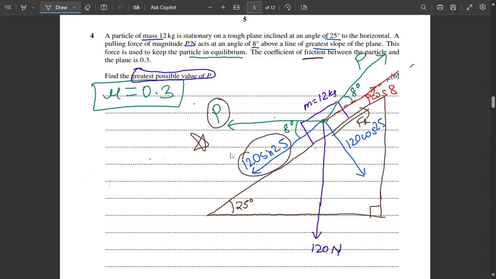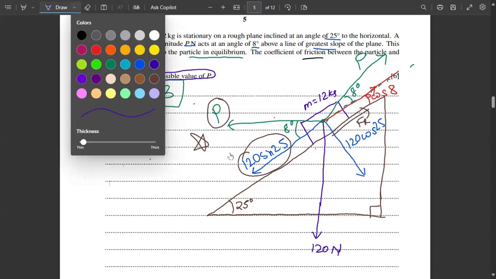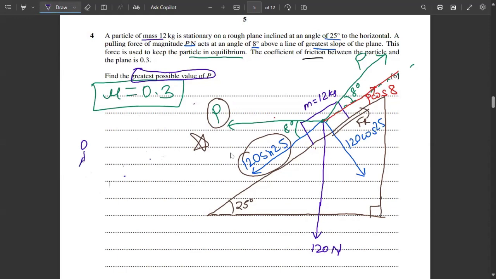Now let us make a tug of war diagram. So this is one person, this is the other person, this is the rope, this is the third person. So let this be P and 120 sine 25, and let this be Fr. So now they have told to find the greatest possible value of P. Here there are two people, and here there is only one person.